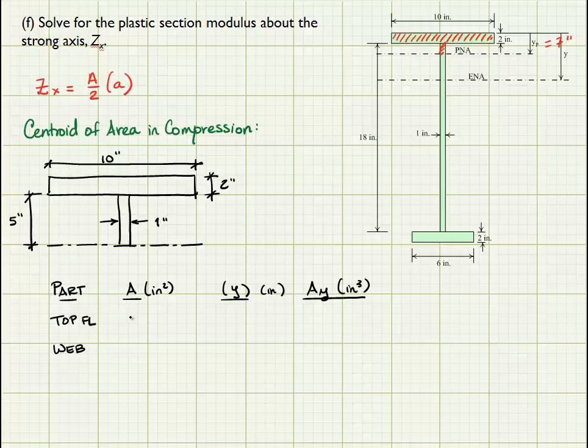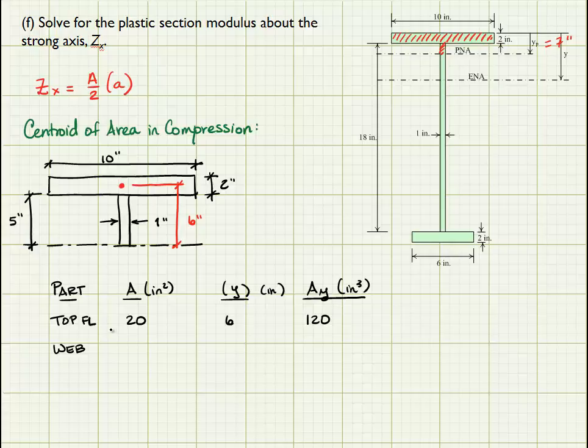So the area of the top flange is 20 square inches. The distance from the plastic neutral axis to the centroid of that piece is 6 inches. And A times Y is equal to 120 inches cubed.